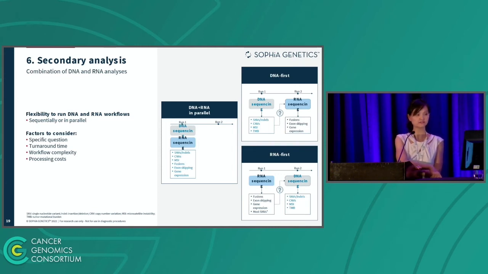You would get the versatility of being able to detect multiple biomarkers, and you get the flexibility of how you want to run the workflow. And of course, this all depends on the specific question that you're asking, and turnaround time, and other considerations. The takeaway point here is there are many options available for you to tailor the workflow to your particular needs.